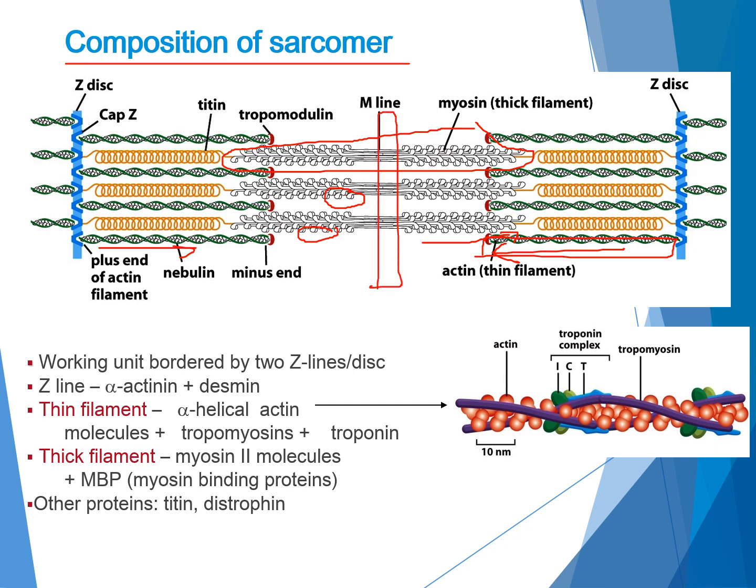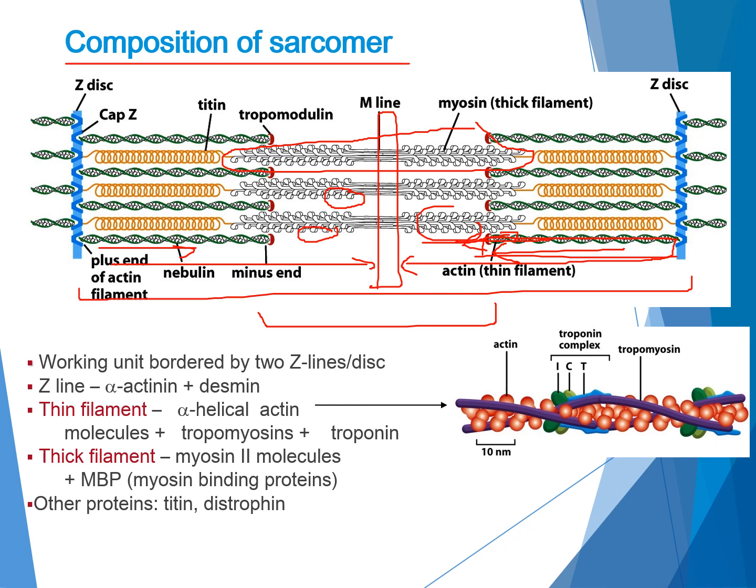So when the myosin head pulls this actin or thin filament, it will pull the Z disc closer to the M line. So the total length of this skeletal muscle will be shortened. It will give the impact of muscle contraction.